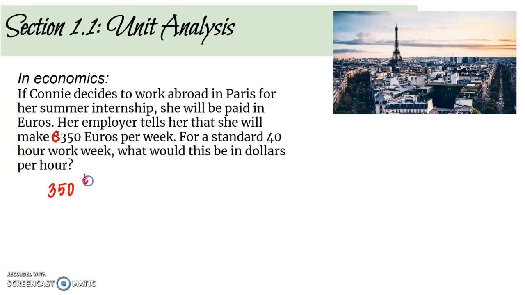We've got 350 euros in 1 week. And euros are the currency that they use in every country in the European Union. So the first value that I might want to get rid of are euros. I'm trying to go from euros into dollars, so that means I'm going to want dollars up top and euros down below.